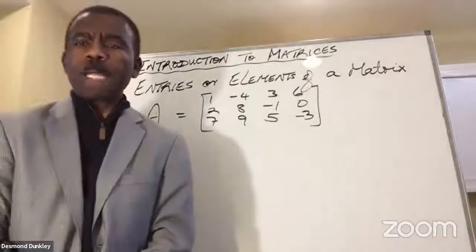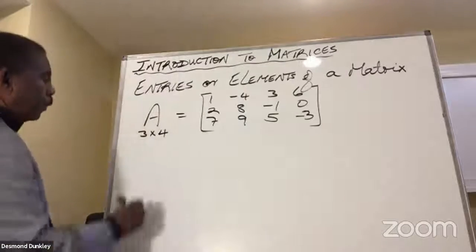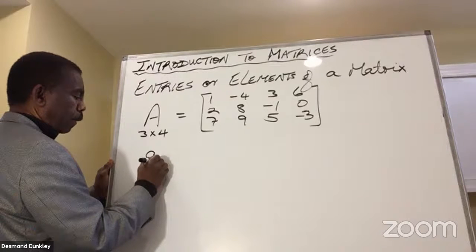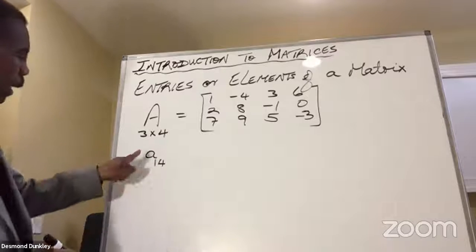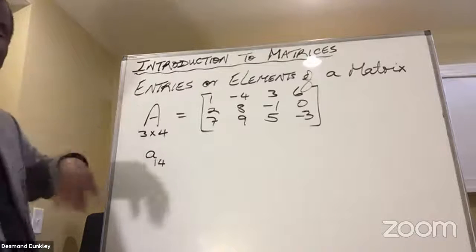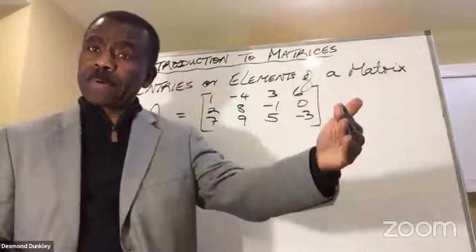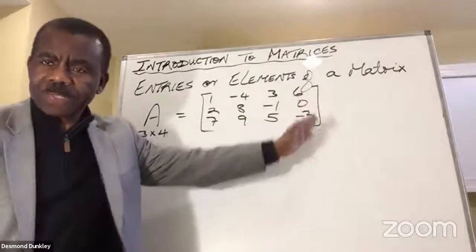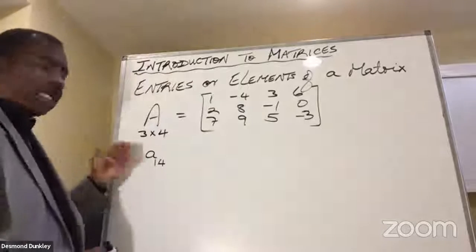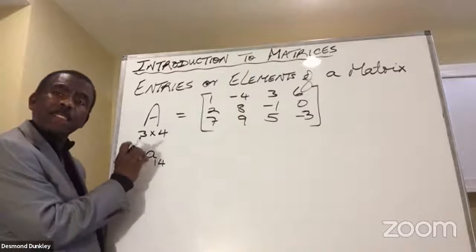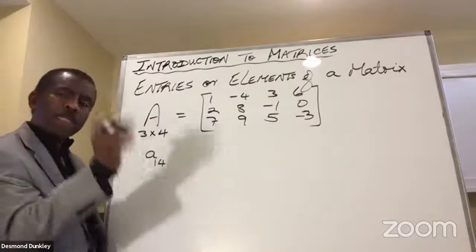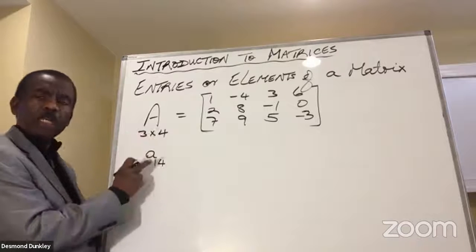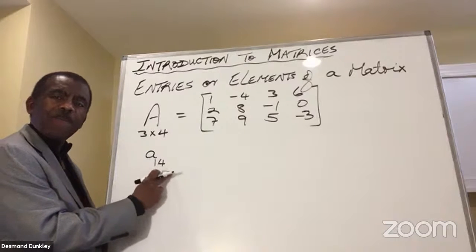So if I ask you, what is the a14 entry? You always name a matrix using an uppercase letter. It's always an uppercase letter. And then you refer to individual elements or entries using a lowercase letter. So when you have a lowercase with a subscript, a14, it's saying it's the entry in the first row, fourth column.